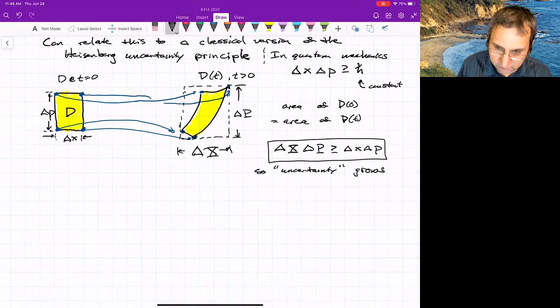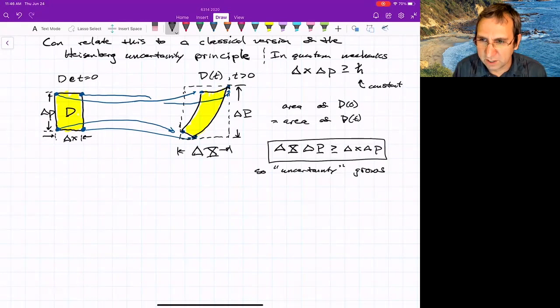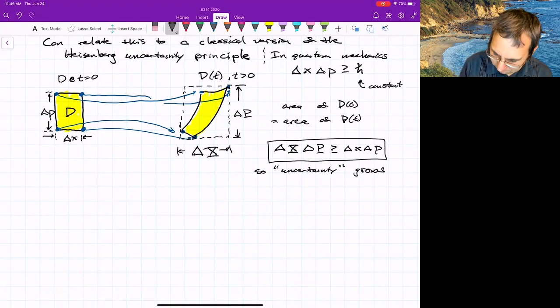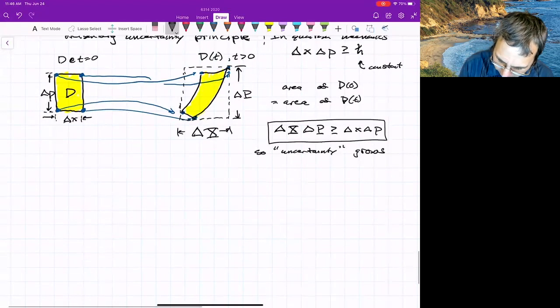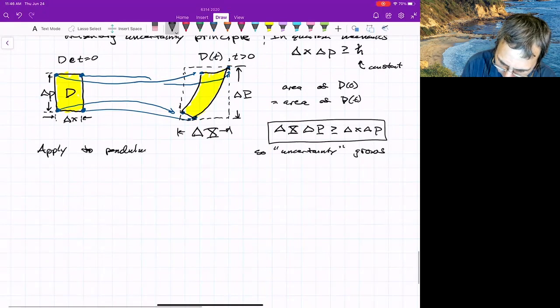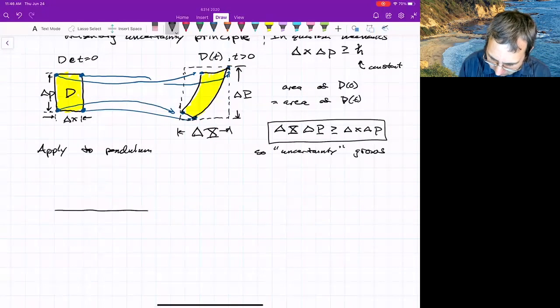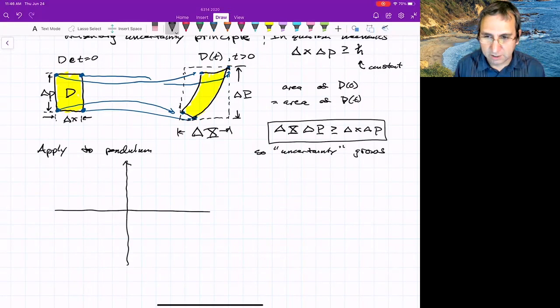We could also, and maybe I'll end with this, look at the pendulum. If we were to apply this to the pendulum, I'm going to take a pendulum with a really large amplitude so that I get some nonlinear effect going on.